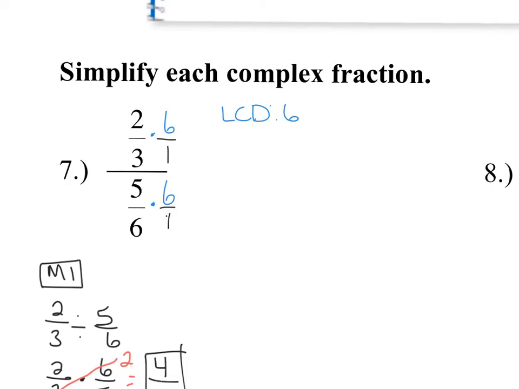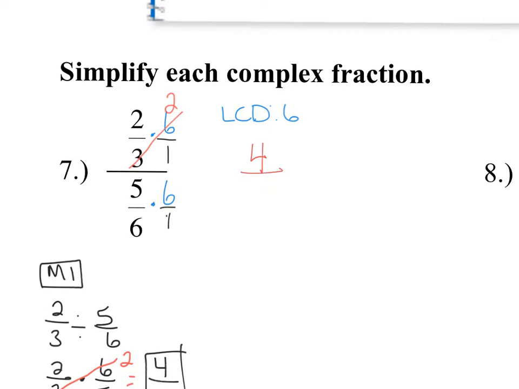Again, I prefer to simplify my fractions first. So up here in the numerator, I see that I have a 6 and I have a 3 in that denominator. So I'm going to divide out 6 by 3. So 6 divided by 3 is 2. And then I'm going to multiply 2 times 2, which is just 4.